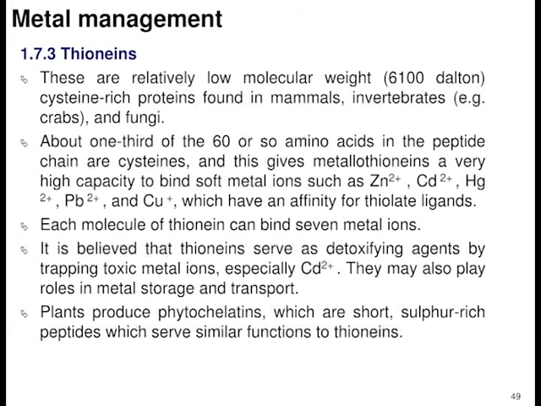The good thing about these thioneins is they contain cysteine residues, because all these metals prefer soft ligands, so sulfur donor atoms. Then they can bind to all these toxic elements.